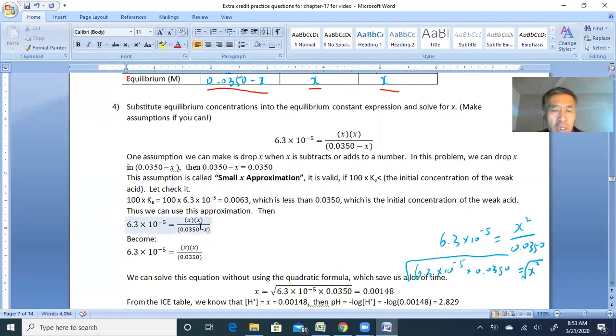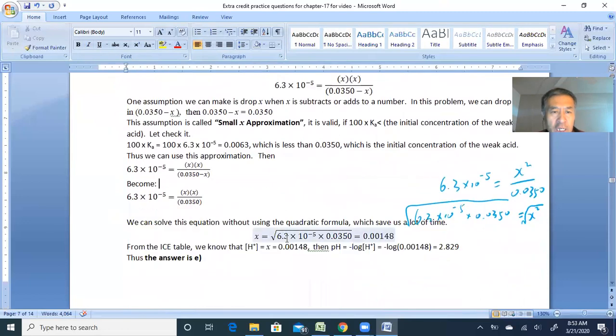All right, so therefore this initial equation becomes simplified. We can see the difference here. There's a minus x here, so that disappeared. We dropped that. So to solve this equation, which is simple, if you rewrite it, it becomes x squared over 0.035.